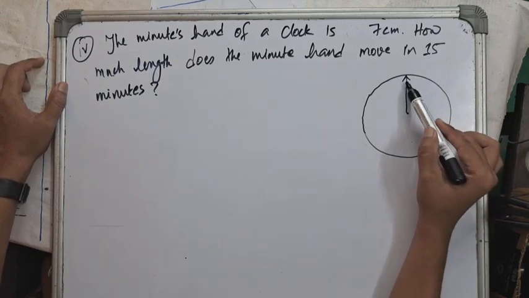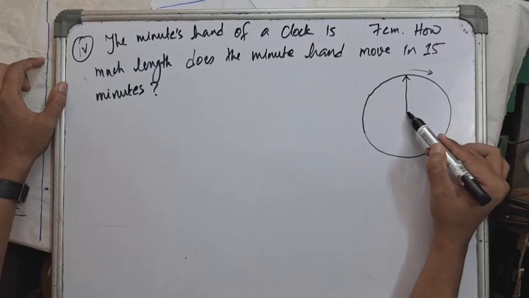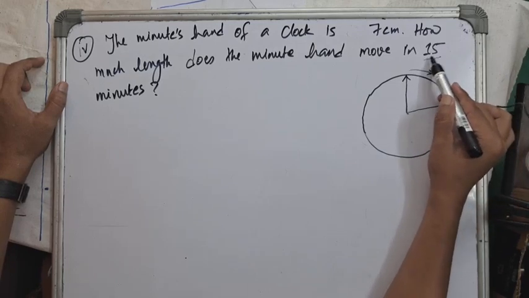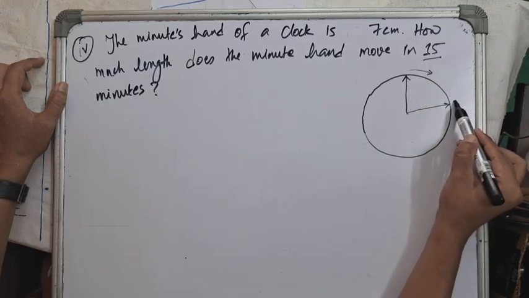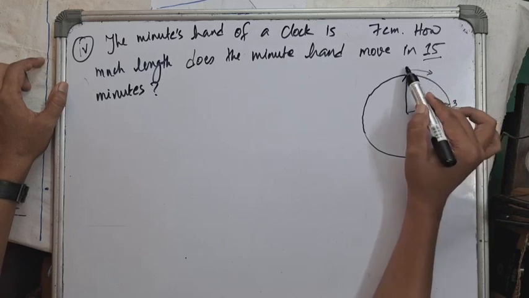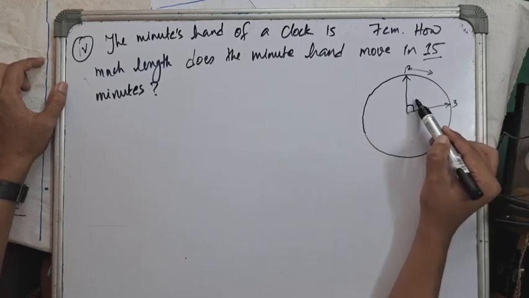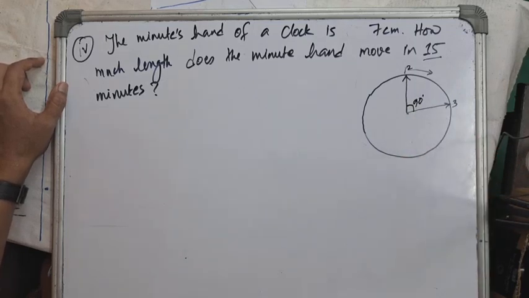Now this minute hand rotates in this direction and completes 15 minutes. When 15 minutes are gone, the minute hand will reach this position, isn't it? This is 12, this is 3. At this position, the angle formed is 90 degrees.